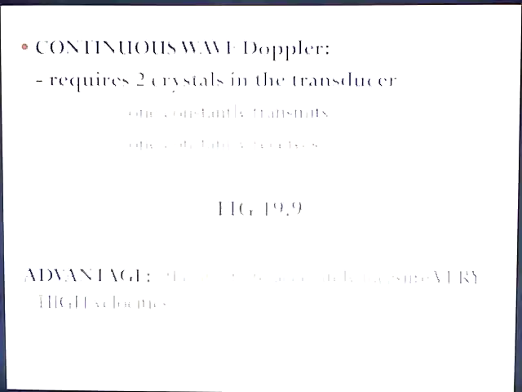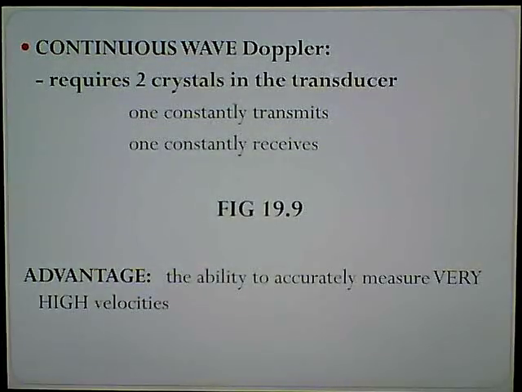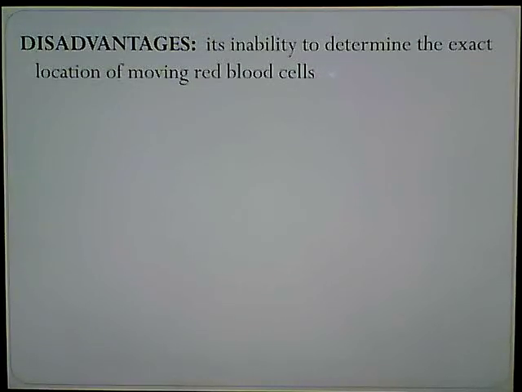Okay? You don't get to pick and choose. You're measuring everything. So the disadvantage is its inability to determine the exact location of those moving red blood cells.